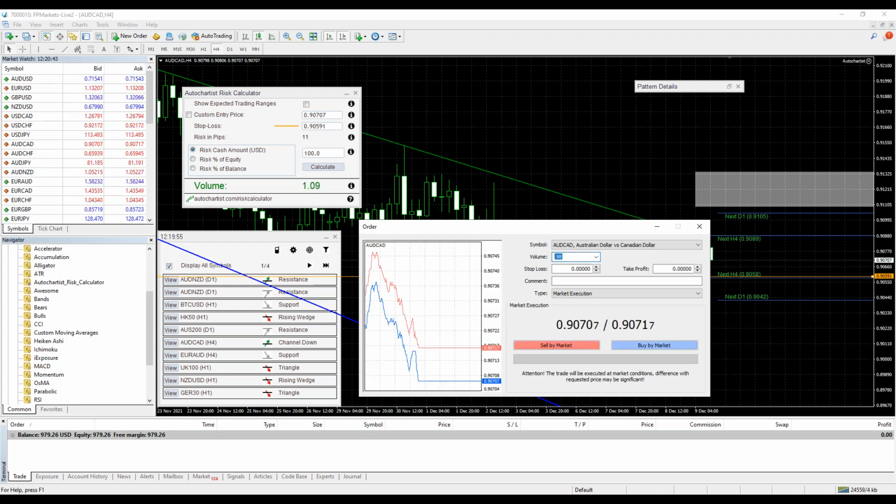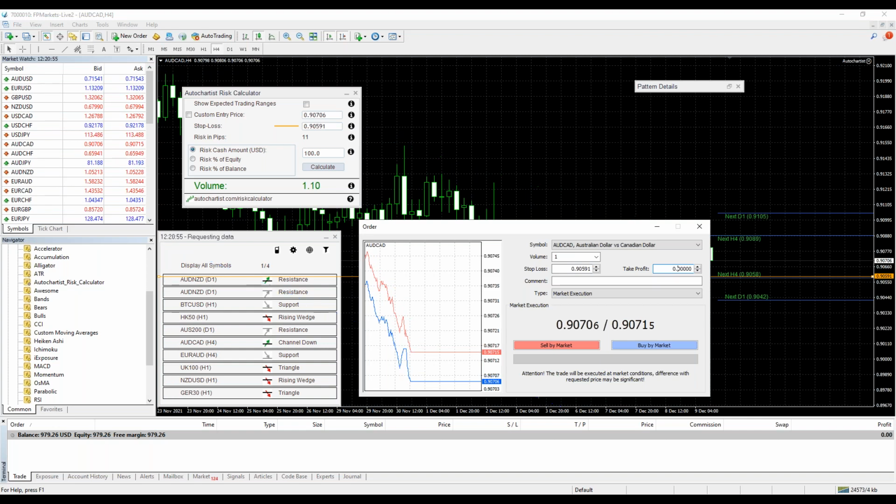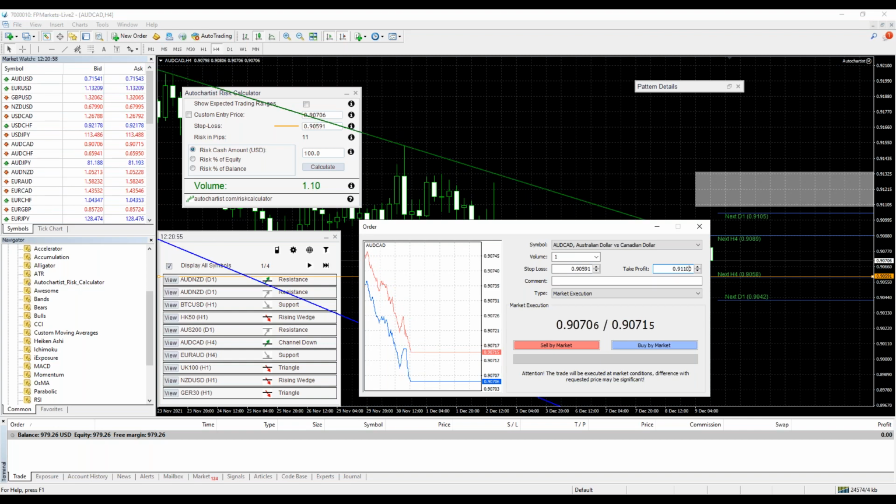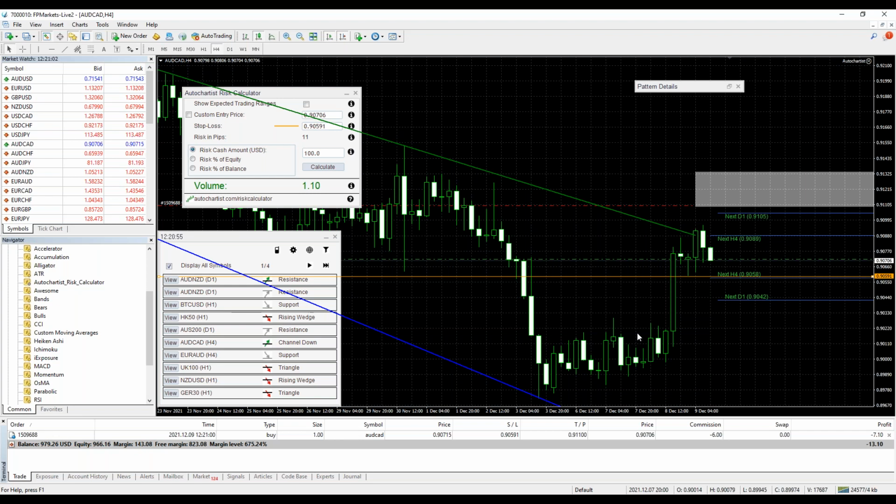Oh, now it's one, let's say one lot with a stop loss at this price level over here, and take profit we said at 0.91100. Okay, and we buy at market, and there we have that trade setup in the market. Okay, and we've risked $100.